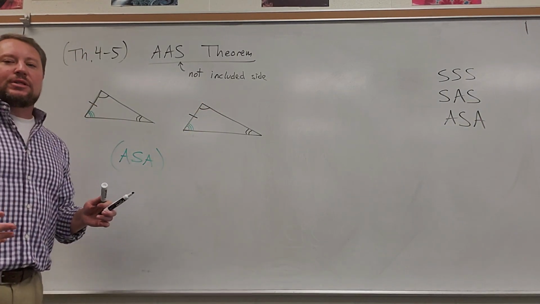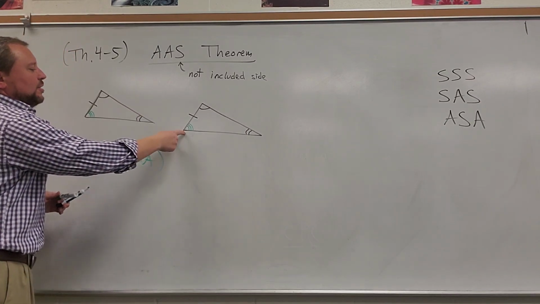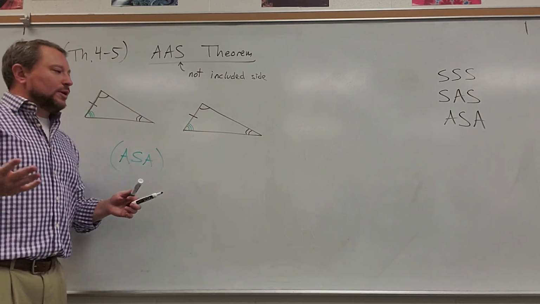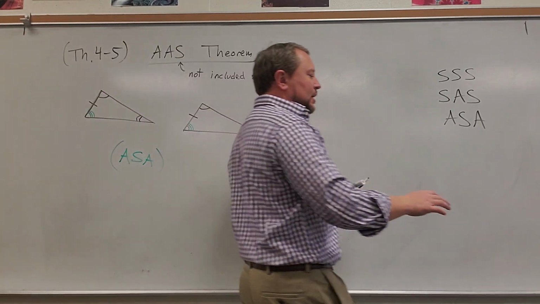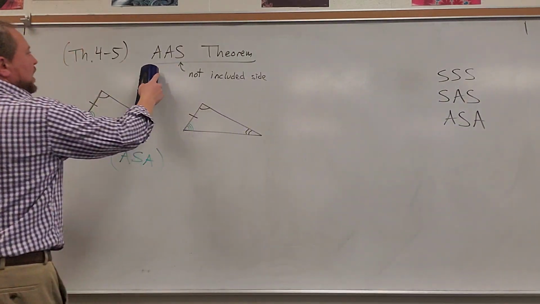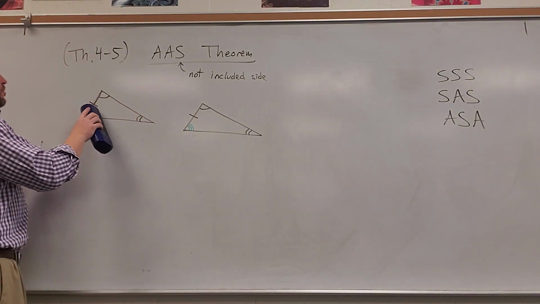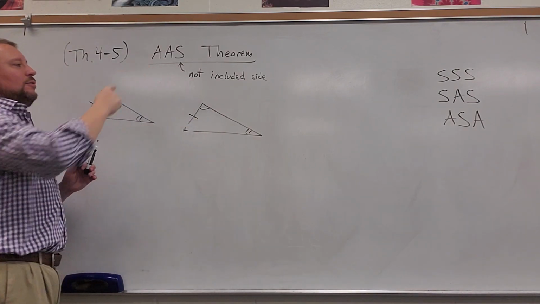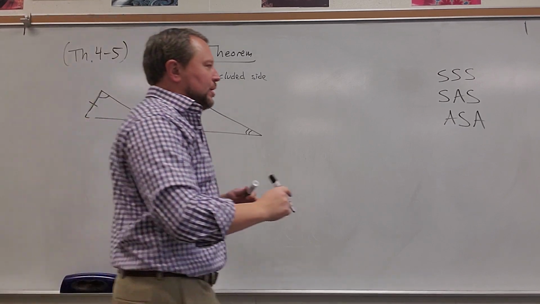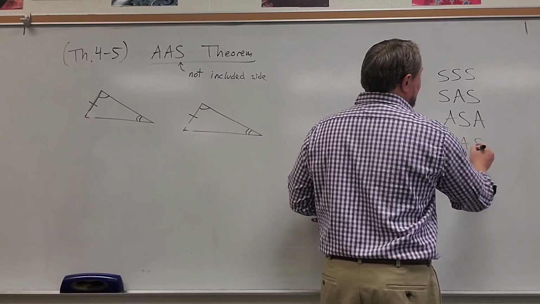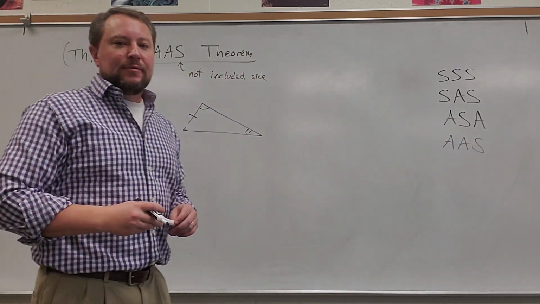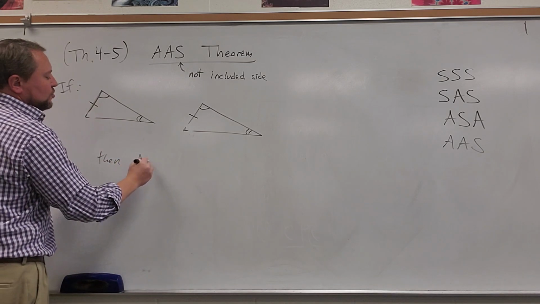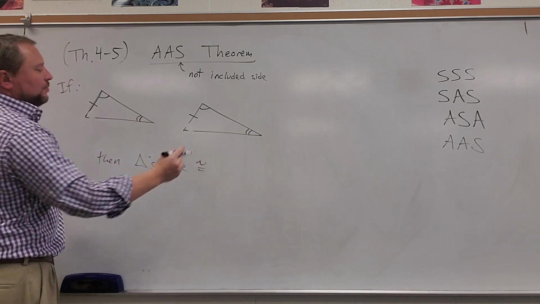But rather than going through those steps every time and having to say we're using the third angle theorem that those match and then using ASA, they just created a new shortcut where you don't have to worry about any of that. We're just going to call it AAS. So if you do have any two angles and a side not included, we could use that new shortcut AAS and add it to our list. That's enough to say then that the triangles are going to be congruent.